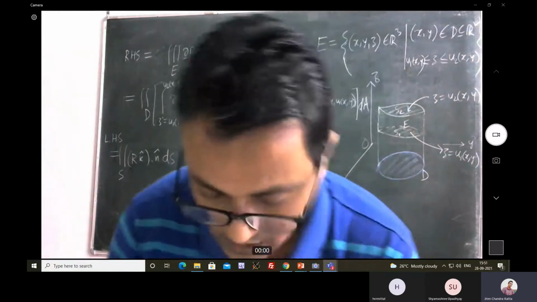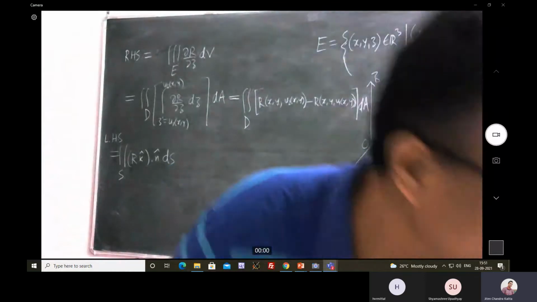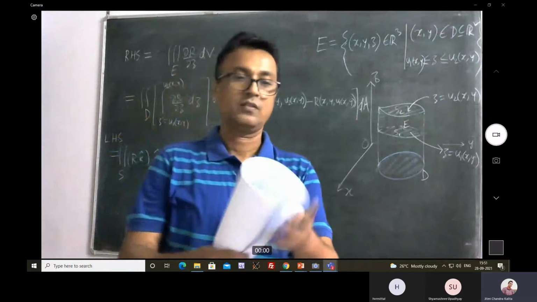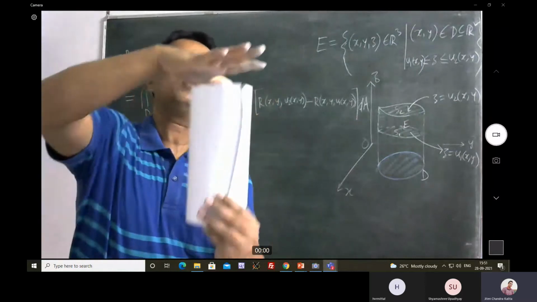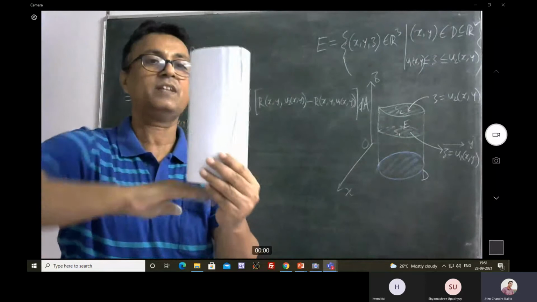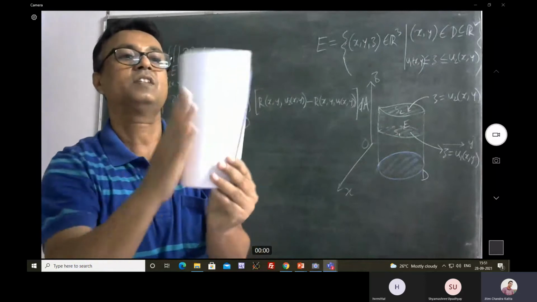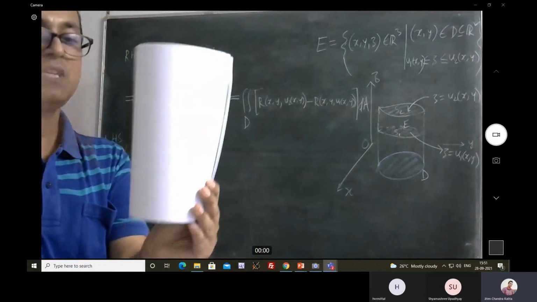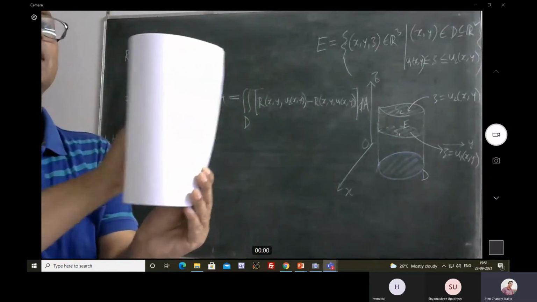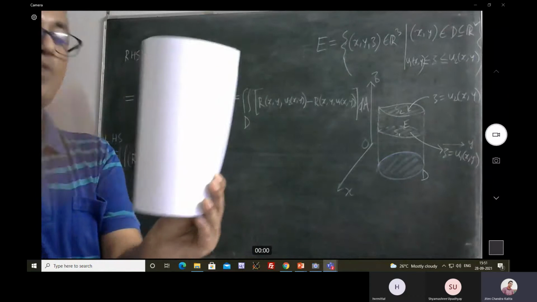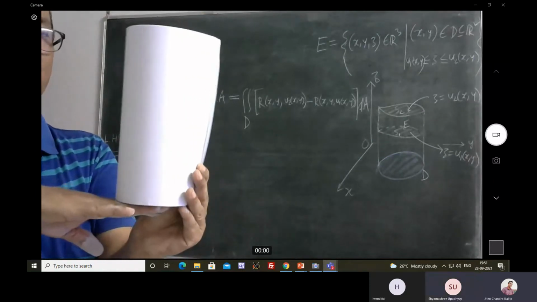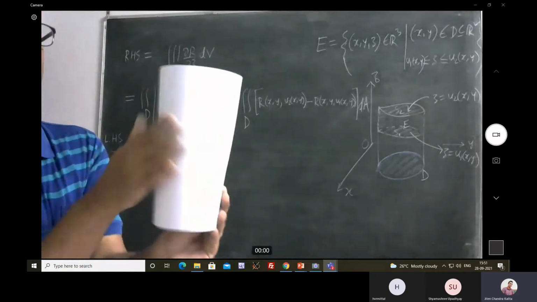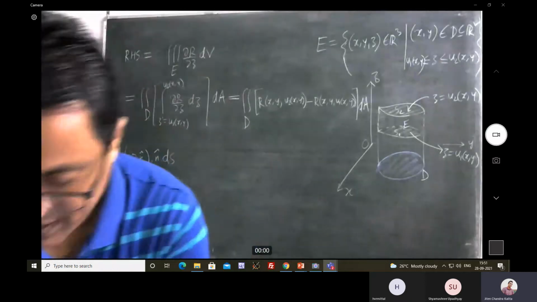The situation is something like this. You have an upper surface, you have a lower surface, and you have this surface. This one was your u2(x,y), this one was your u1(x,y). So I was calling the lower surface S1, this as S2, and I'm going to call this surface S3.